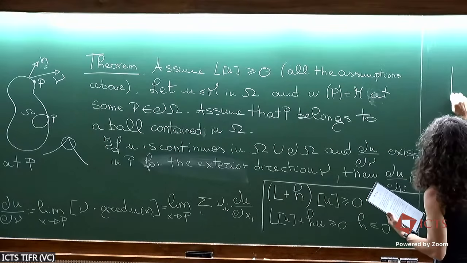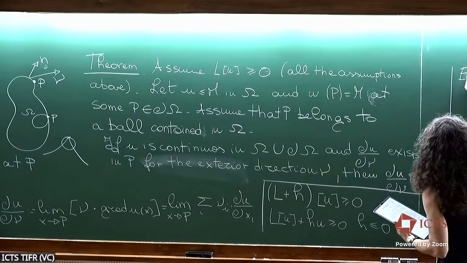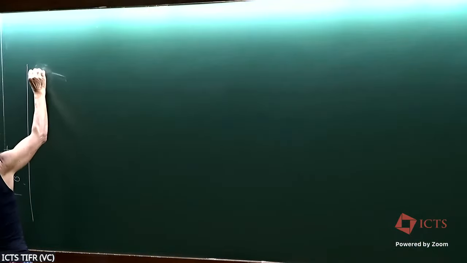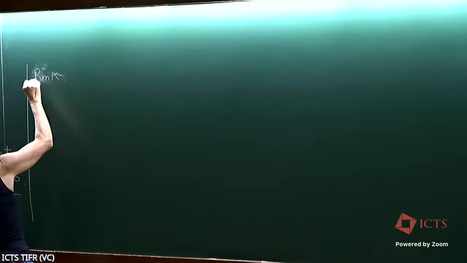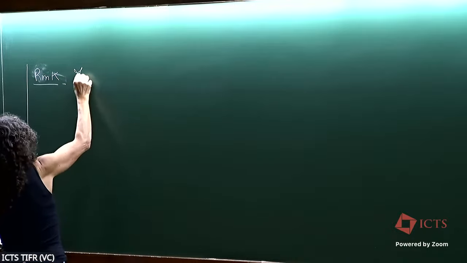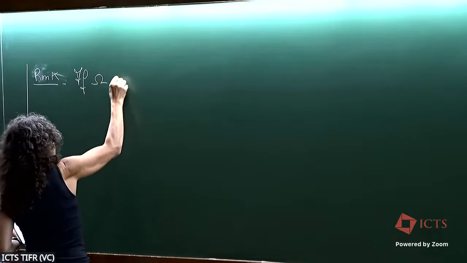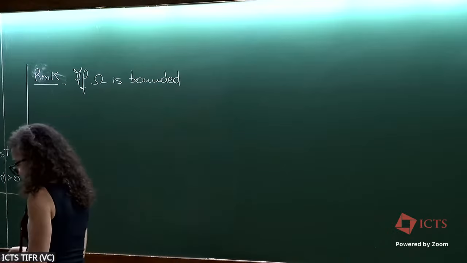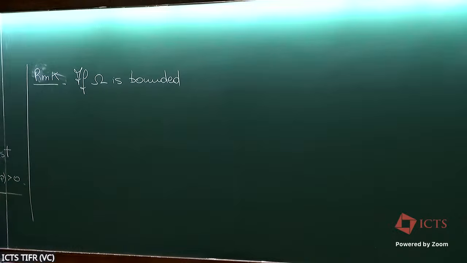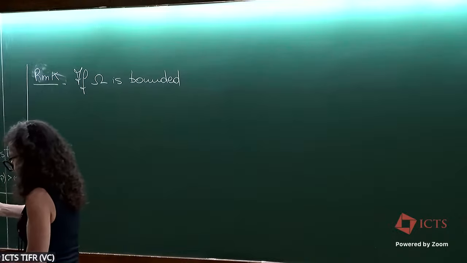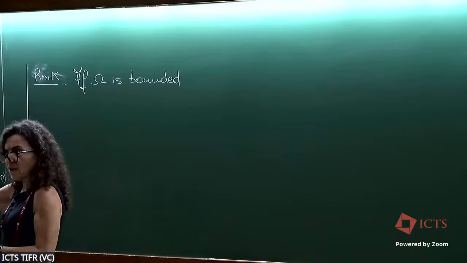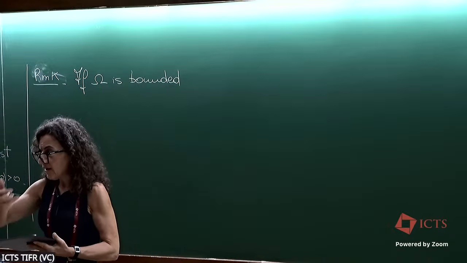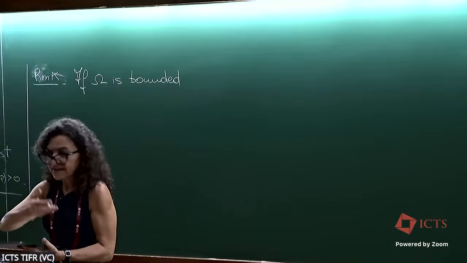So, for example, just to point out something very simple, if omega is bounded, you can use this maximum principle to prove that if there is an inequality for two functions at the boundary, then you have this inequality also in the interior of omega, and that's very simple.